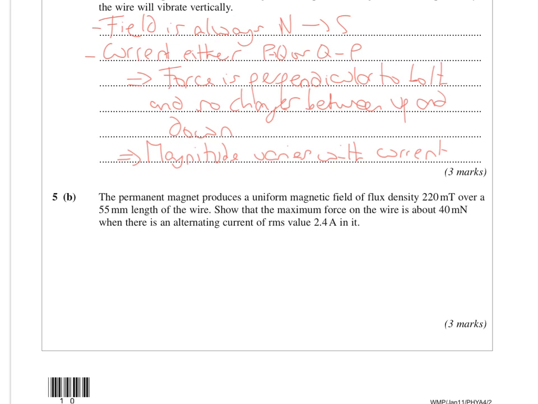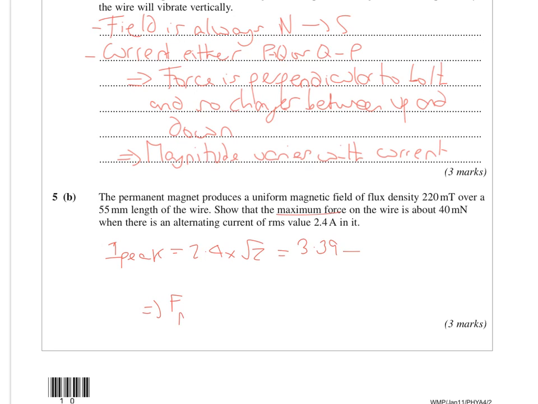Okay, a permanent magnet produces a uniform magnetic field of flux density 220 millitesla. So we've got B, we've got L, and we've got I there. We want the maximum force, so we want the peak current, which will be 2.4 times root 2. You do have to remember your things from your AC circuitry here, which is 3.39.